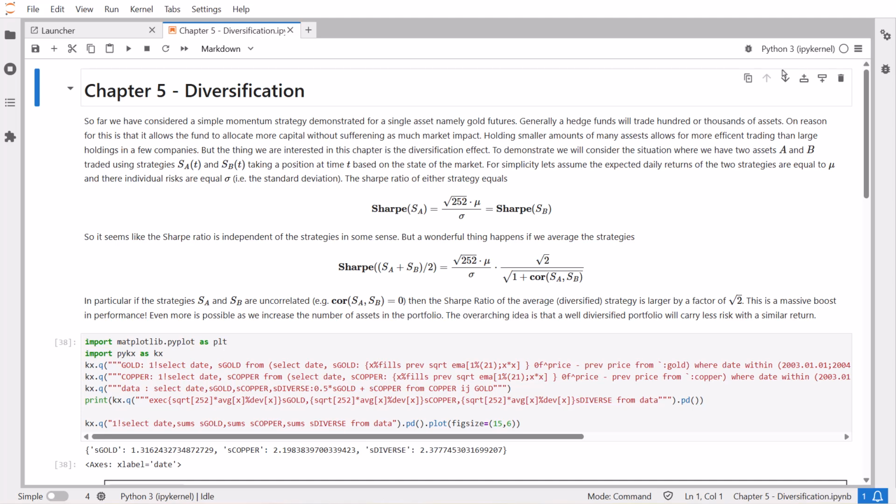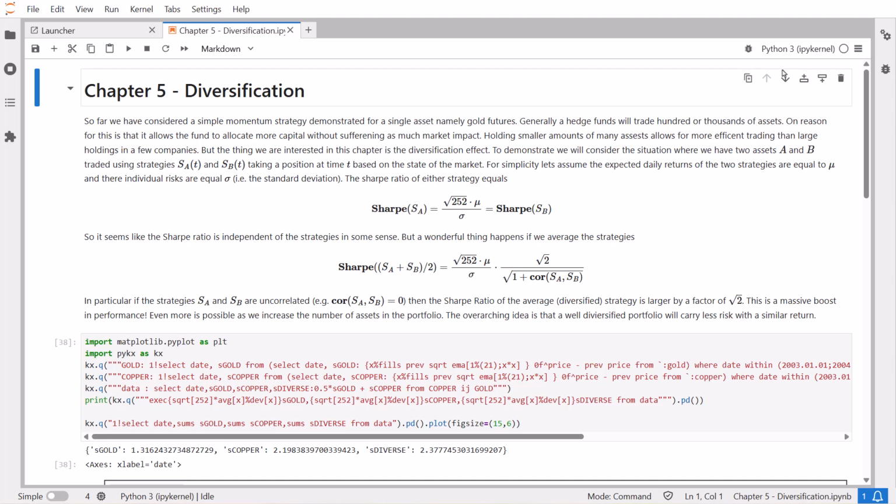So the Sharpe ratio of either of the strategies equals the square root of 252 times mu over sigma. So both of these strategies have the same returns, the same risk, and the same Sharpe ratios consequently. So it seems like the Sharpe ratio is independent of the strategy in some sense.